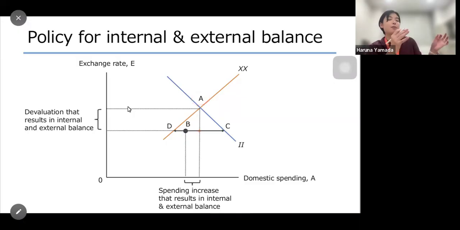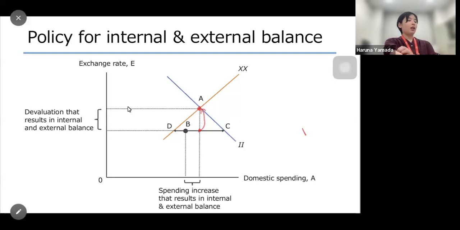Now, policymakers control the exchange rate, E. Policymakers devalue the domestic currency, like that, from here to here.